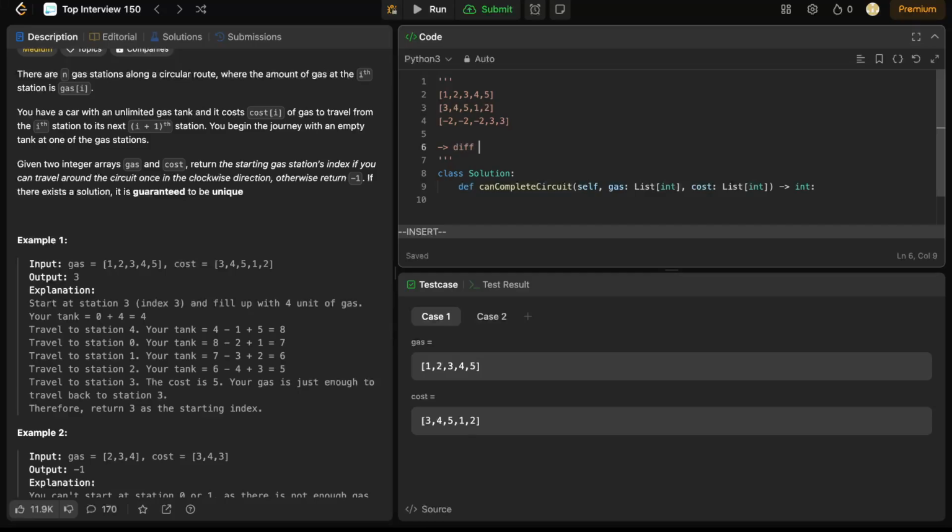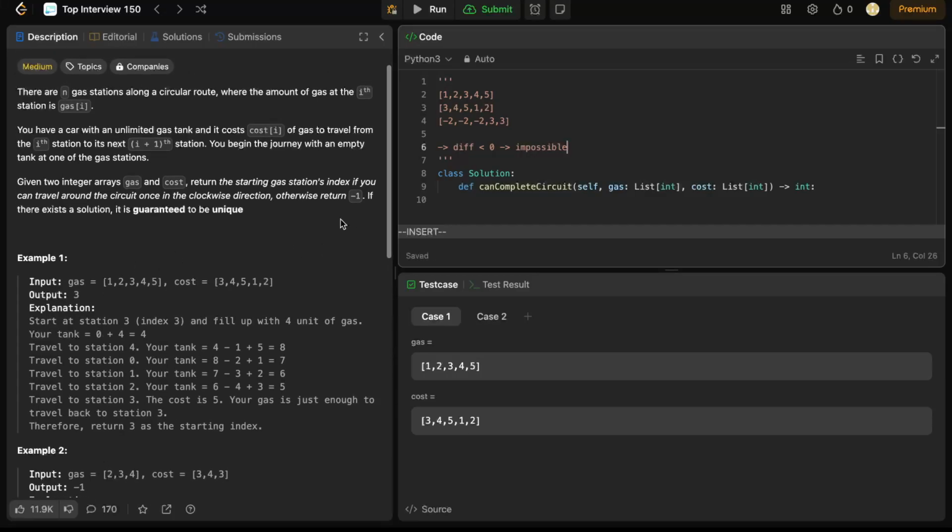If the difference was less than 0, that would imply that there is no possible way to travel all the way around the circular route because there isn't enough gas in the route to make that journey possible. So this would be impossible. So that would be an easy way to get this return statement here, to figure out if it's even possible to go in the circular route.